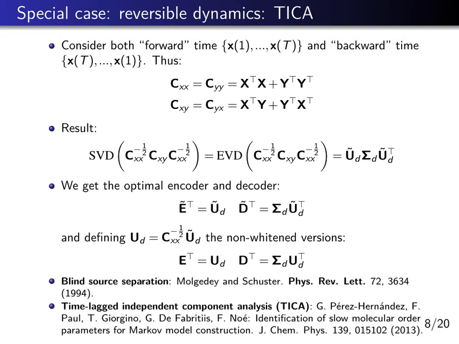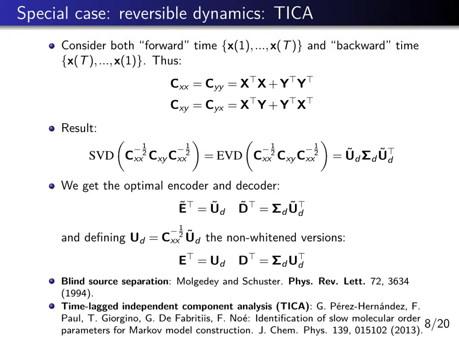This method was originally derived for the so-called blind source separation problem. So that is a problem that is, for example, motivated by audio signals that are composed by different instruments or by speech from different speakers, like at a party or so, and you want to decompose this audio signal into its individual contributors or instruments.